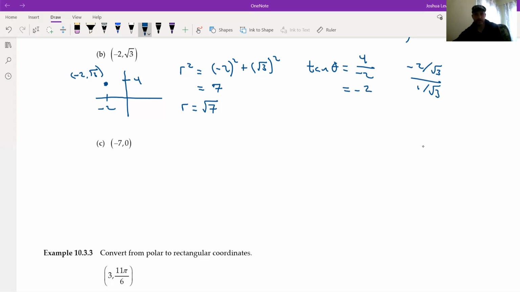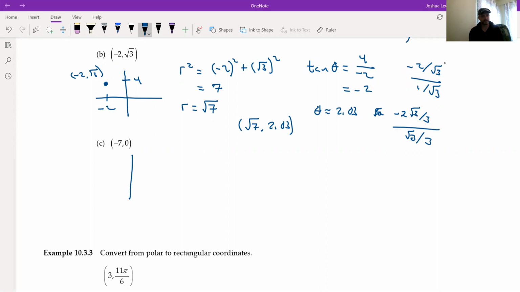And so where would that be? And so you get theta is approximately 2.03. And again, that's radians. So our point here is √7, 2.03. All righty. How about part C here?